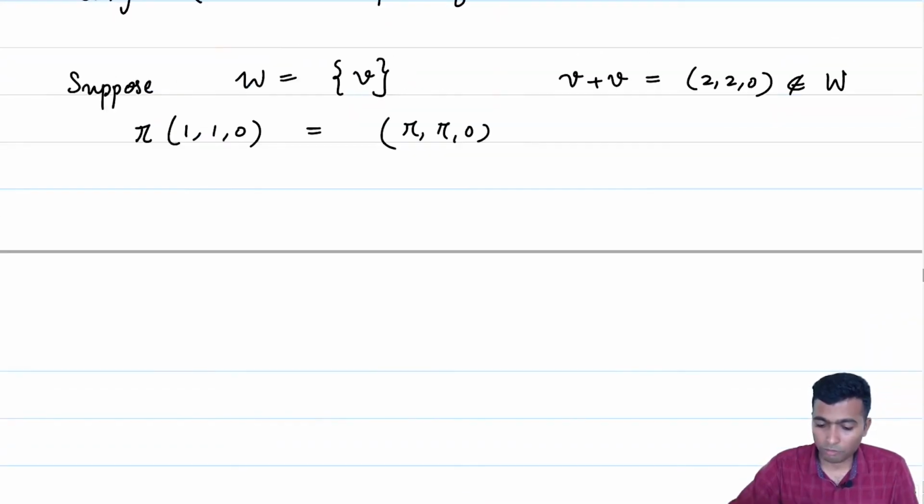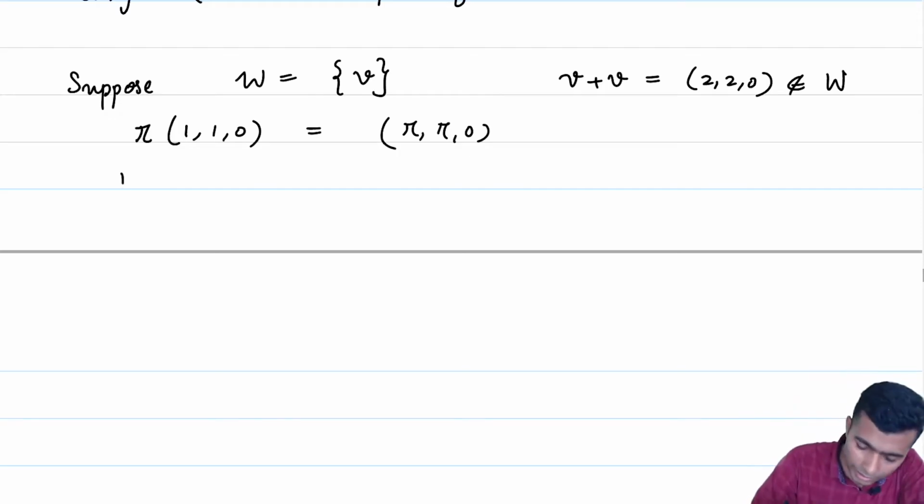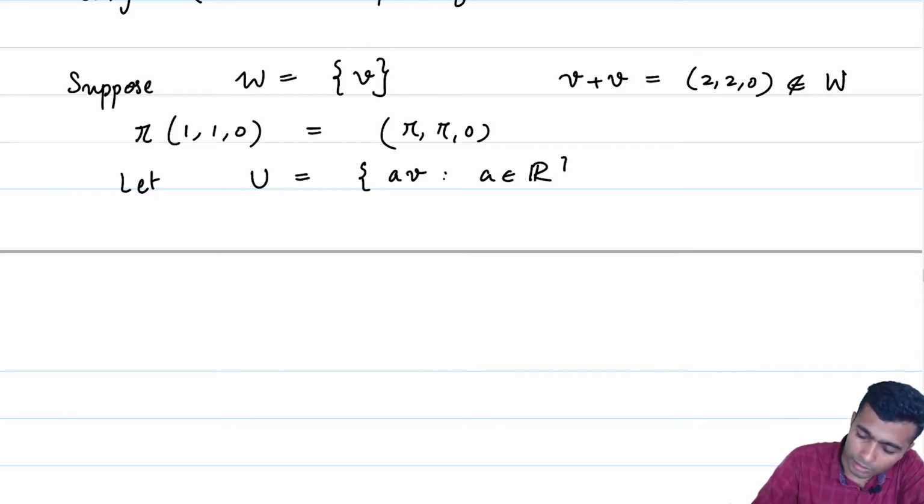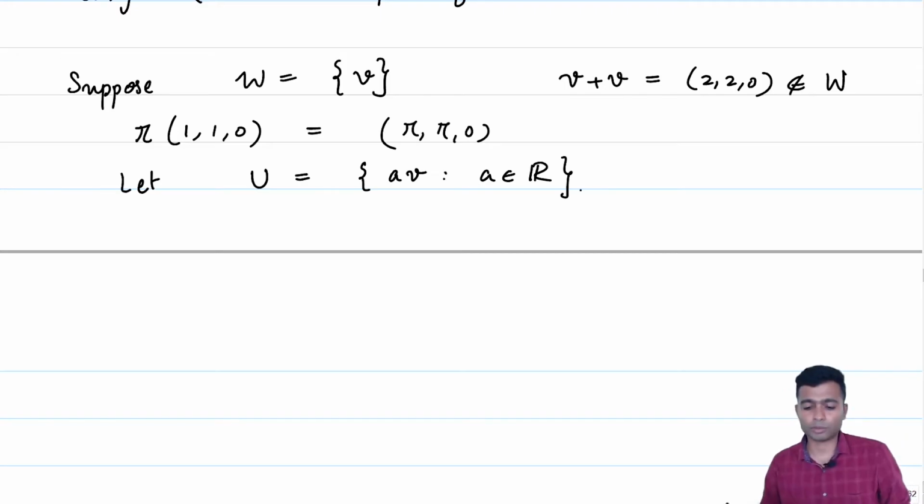Okay. One thing which we will immediately notice is that if there is a vector subspace of R3 which contains capital W, every scalar multiple should certainly be there, right? So let U be the set of all a times V, where a is in R, all real numbers, or a is in F, whichever you want to call it.